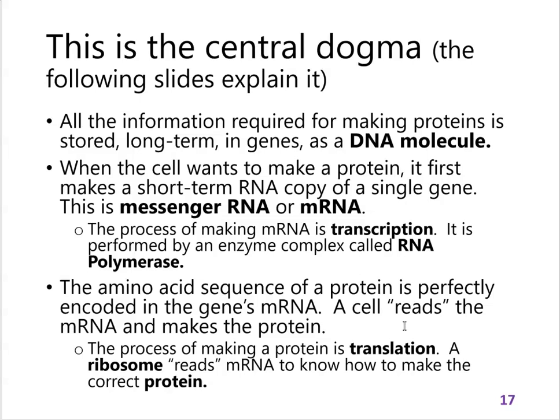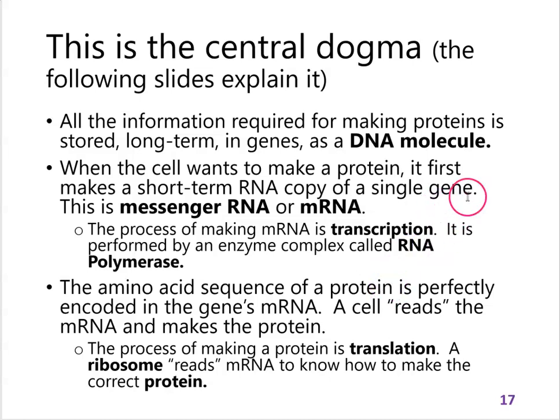So the central dogma of molecular biology is DNA stores the information for making proteins, and transcription makes a copy of those instructions in the form of messenger RNA. Translation makes the protein based on what's found in that messenger RNA. So we're going to see more detail, but that is the majority of it.